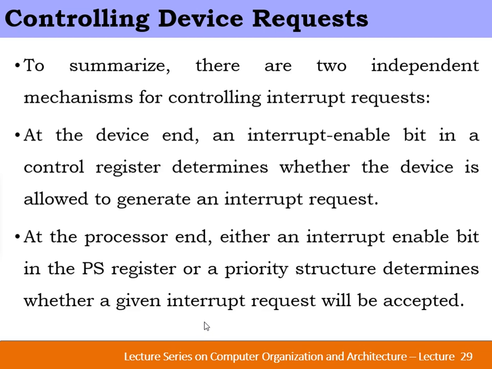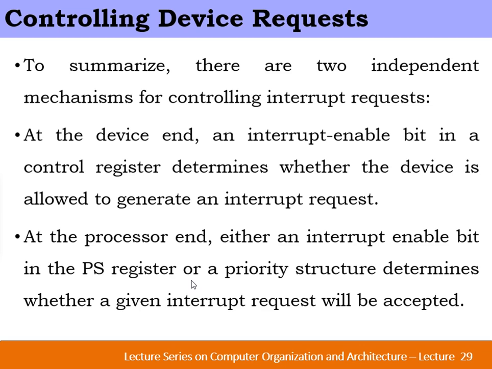To decide this, it makes use of an interrupt enable bit in the program status register. If the interrupt enable bit is equal to 1 in the program status register, then the interrupt request will be accepted by the processor, or else it can make use of a priority structure.